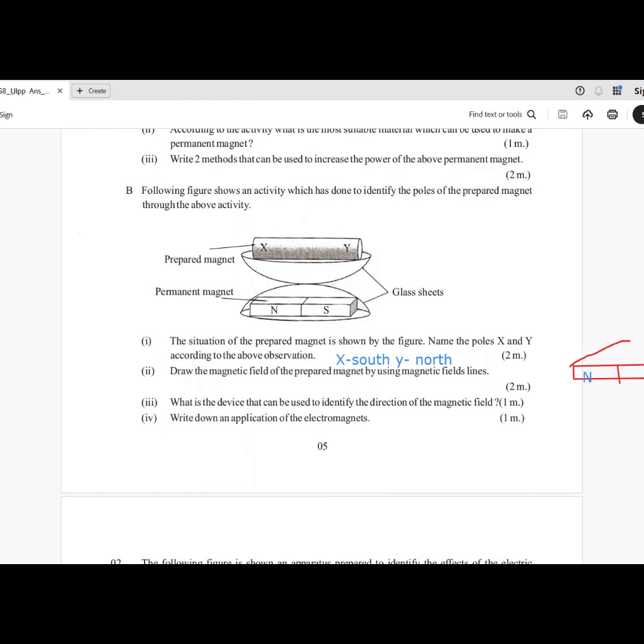Then you have to draw the field lines from north pole to south pole. Some more field lines are going away from this north pole, and some field lines are coming towards the south pole.